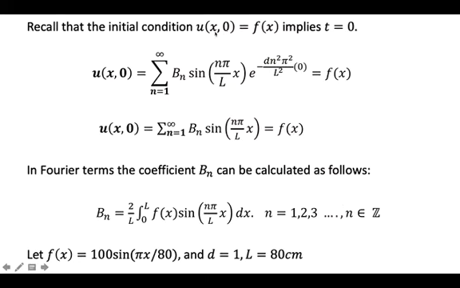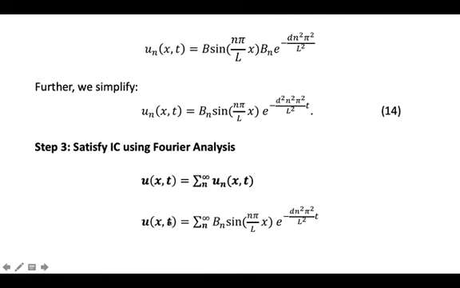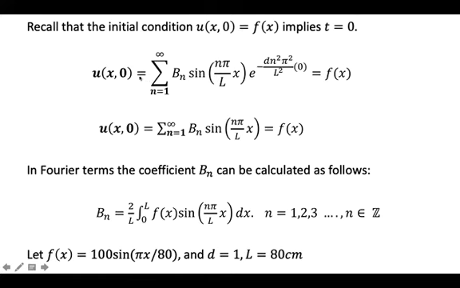Recall the initial condition: u of x, 0 is equal to f of x, which implies t is equal to 0. When time is equal to 0, we place the value of t as 0 where we find t. Then Bn sine n pi over L x e power minus d square n square pi square, and in the place of t we have 0, so this becomes e power 0.